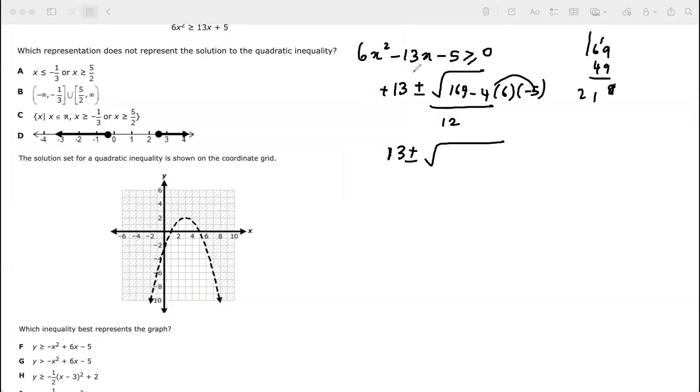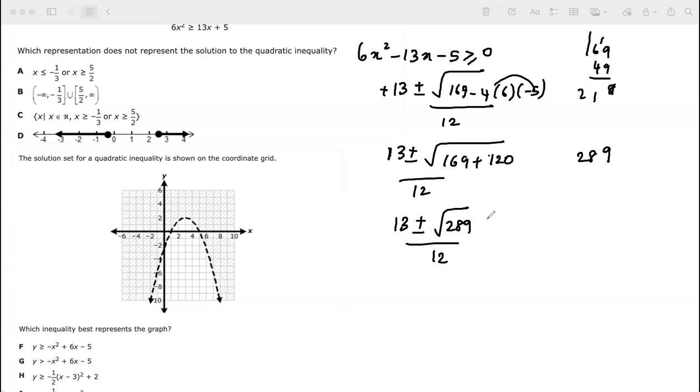Where am I making a mistake, guys? B squared, yeah, it becomes 169 plus 120, right? So that becomes 289. 13 plus or minus square root of 289 by 12.